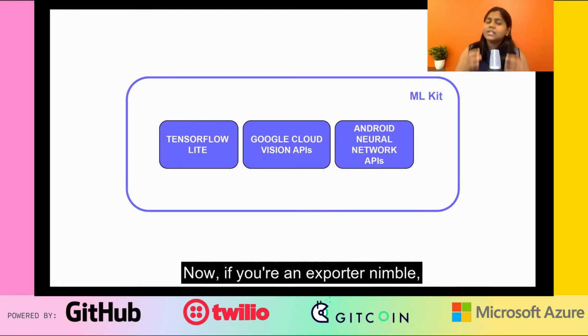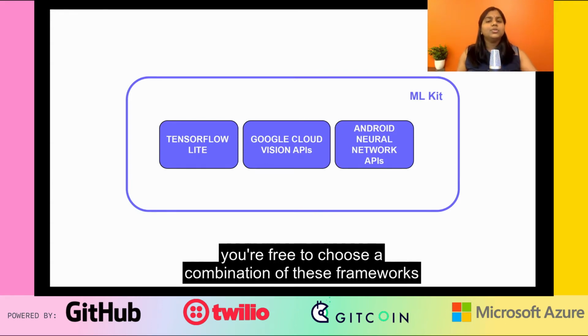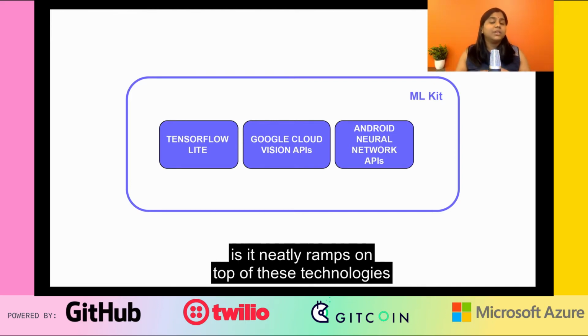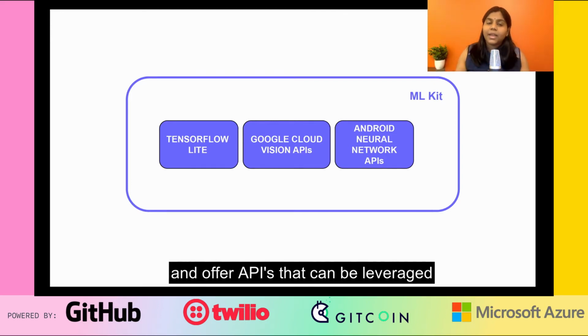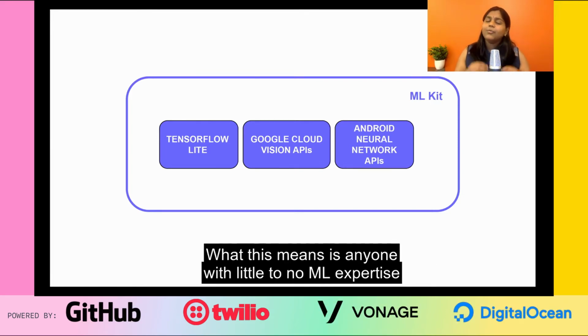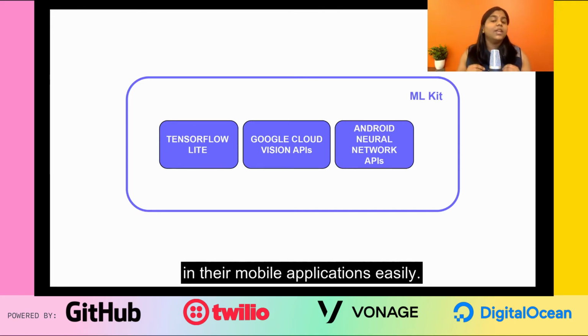Now, if you're an expert in ML, you are free to choose a combination of these frameworks to solve your problem. But the great thing about MLKit is it neatly wraps on top of these technologies and offers APIs that can be leveraged with just a few lines of code. What this means is anyone with little to no ML expertise can integrate ML solutions in their mobile applications easily.